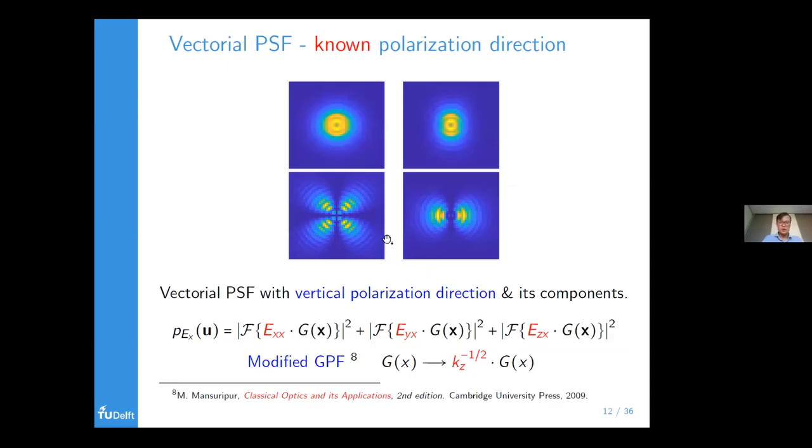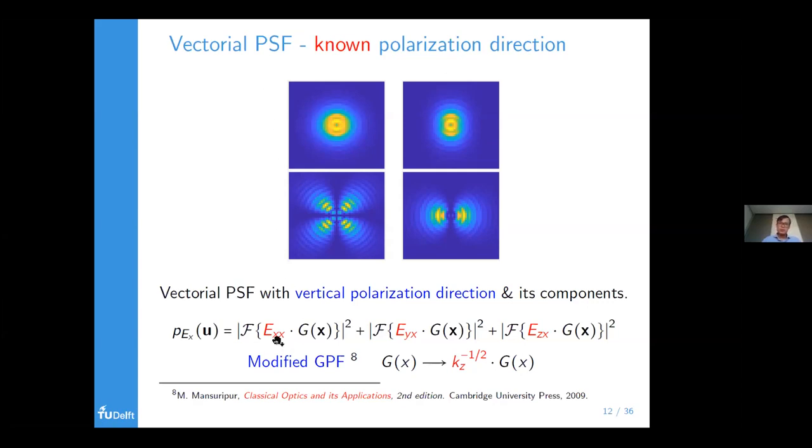Now let's show the imaging model according to the vector diffraction theory for the case of known polarization direction. In this figure, we show the case of polarization direction in the x direction, which is the vertical direction.